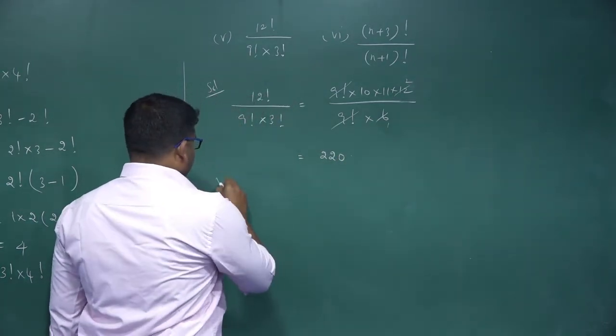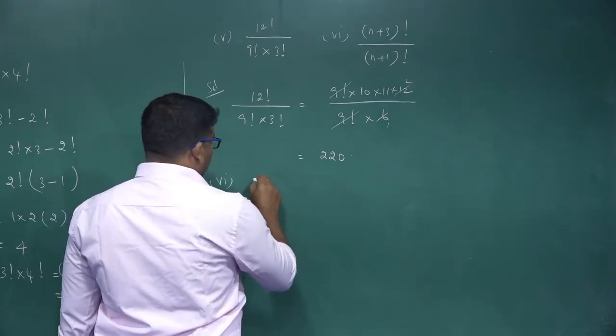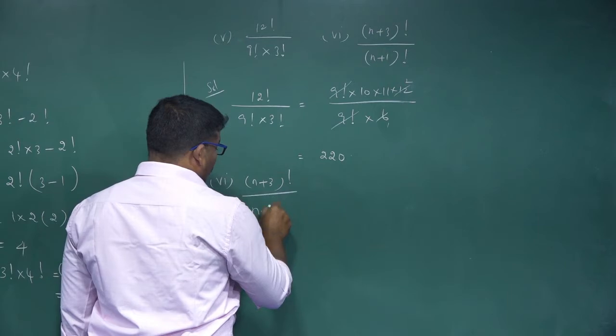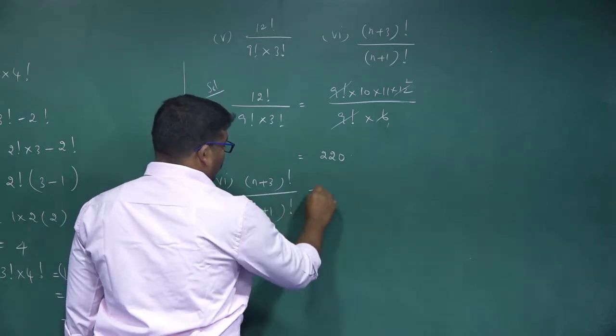And the sixth problem: n plus 3 factorial by n plus 1 factorial.